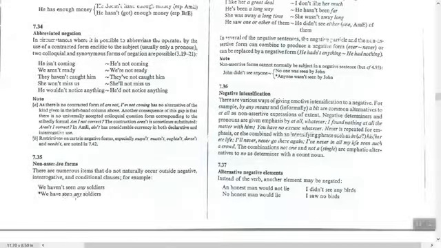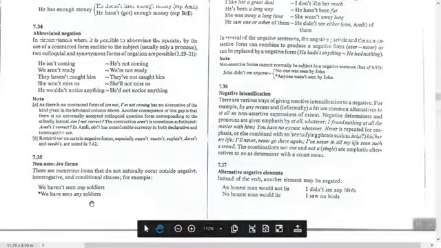For example, we haven't seen any soldiers. This is non-assertive. Any is non-assertive. It's wrong to say we have seen any soldiers. You cannot say any here.